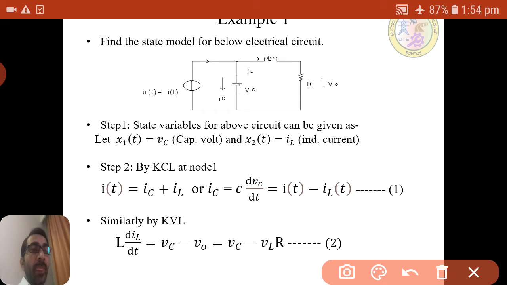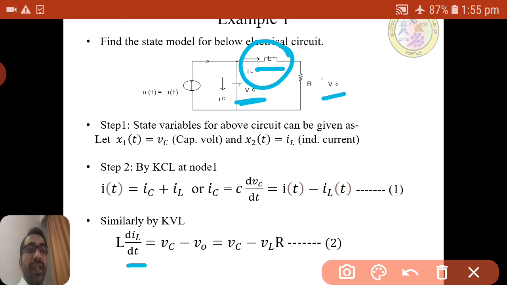Similarly, apply the KVL for the circuit. So L into dIL by dt is equal to Vc minus V0, at the inductor.